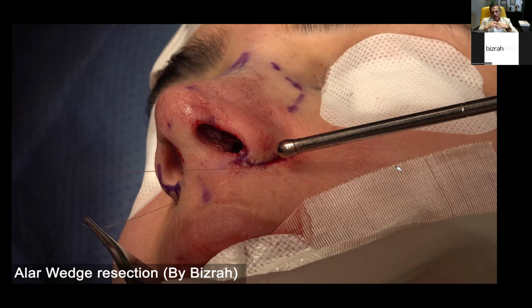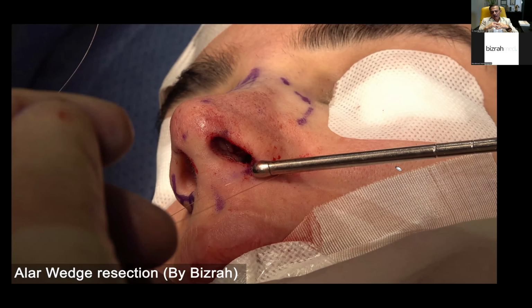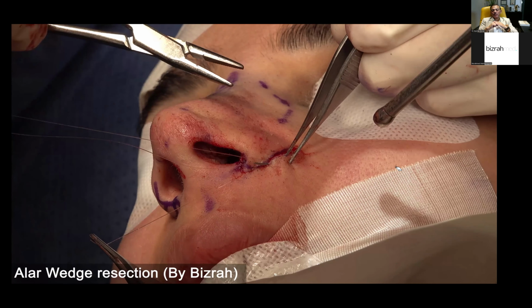We will be going subcuticular all the way through, as you see. Exactly subcuticular now. This is the alar area. Usually, after 3 weeks, most patients have no scars or no trace of scars there.